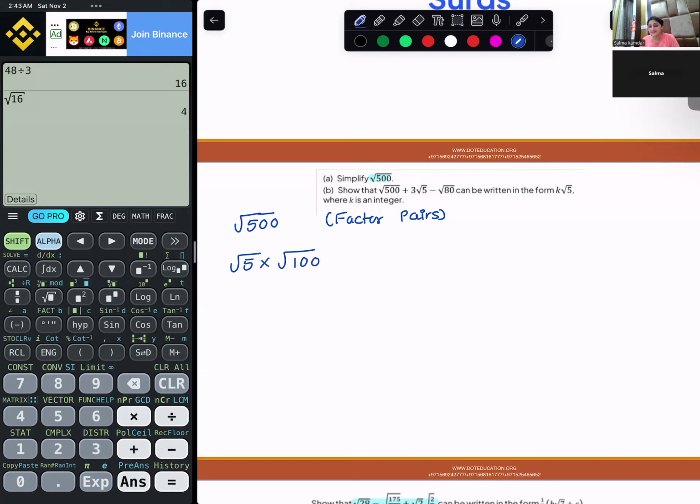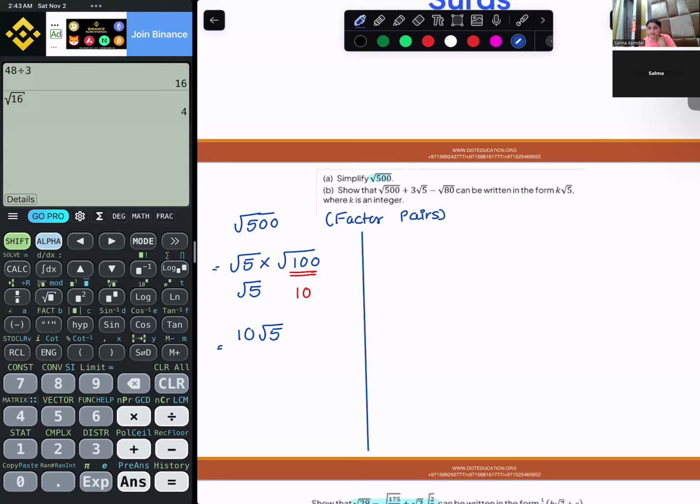This comes clearly into my mind that 5 times 100 gives me 500. Root of 100 is clearly 10, and this would be root 5. So if I am simplifying this surd, it would be 10 root 5. So simplification of root 500 is 10 root 5.